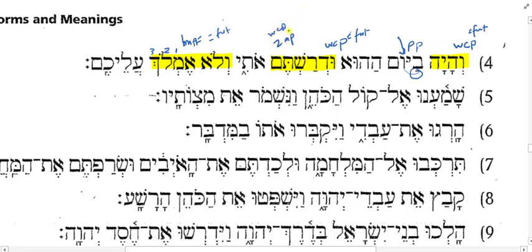So this is a WCP, Qal WCP 2MP. So y'all, and we've got to make it future, will darash. What does that mean? Y'all will seek. Y'all will seek othi. Who is that? Y'all will seek me. This is the 1CS pronoun suffix attached to the sign of the accusative or direct object marker, right?